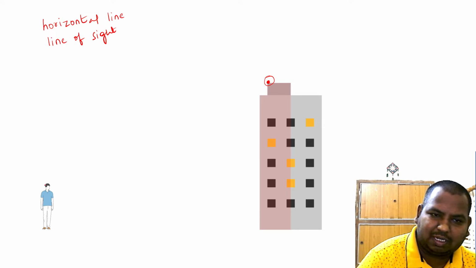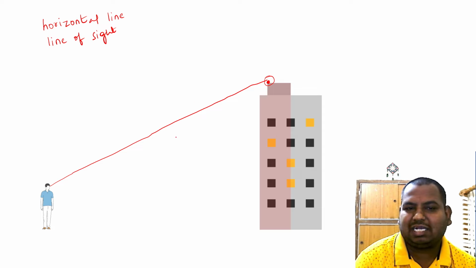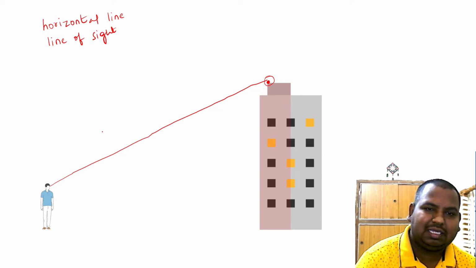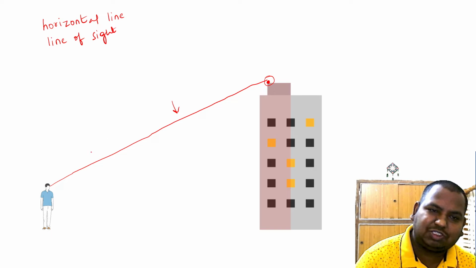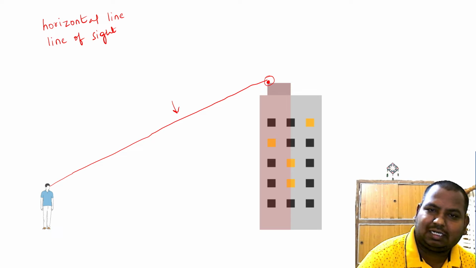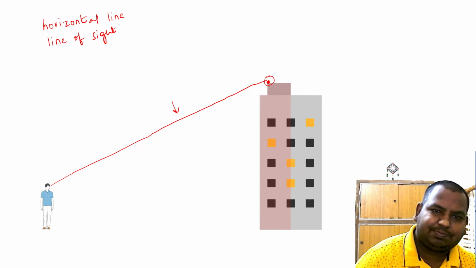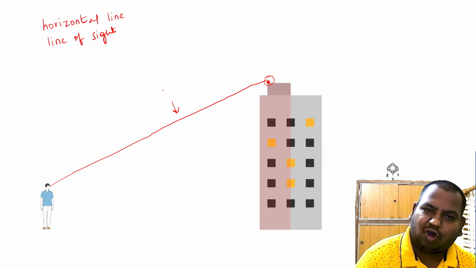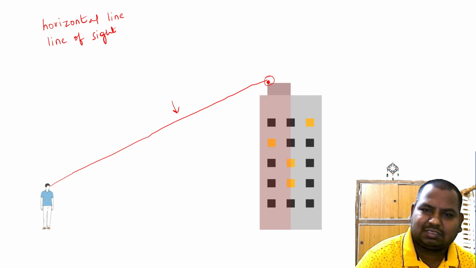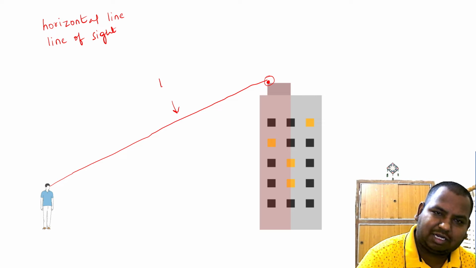The line which joins the eye of the person and the object is called line of sight. This line is formed by joining the eye of the person and the object. What is the object here? Top of the building. So here the line formed by joining the eye of the person and the top of the building is called line of sight.